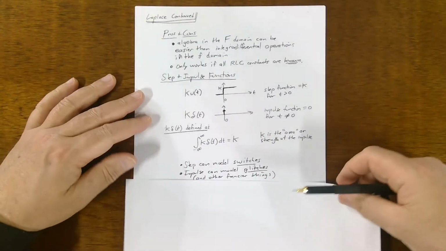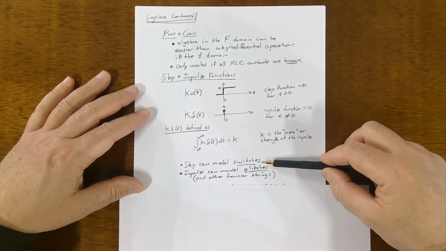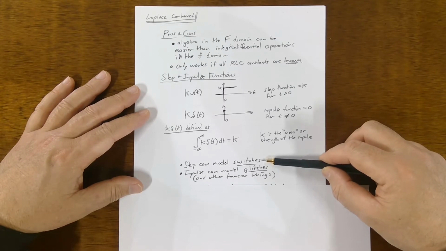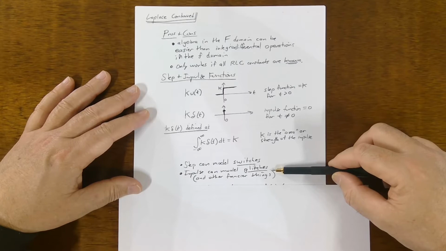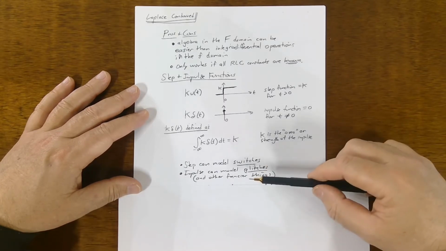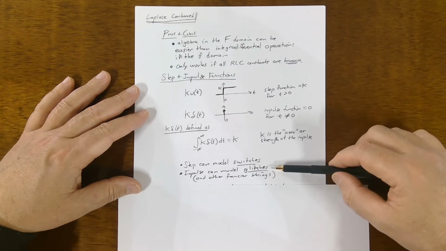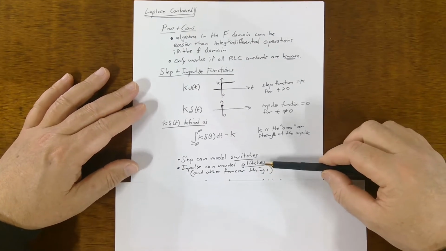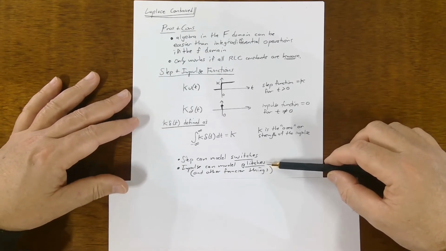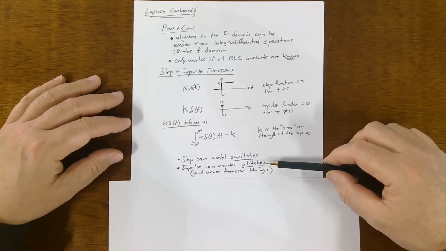Anyway, so these can be used to model switches. The step can be used to model switches, and the impulse can be used to model glitches, like transient pulses of things from inductors getting switched in and out of the circuit, and things like that, things that are impulsive.